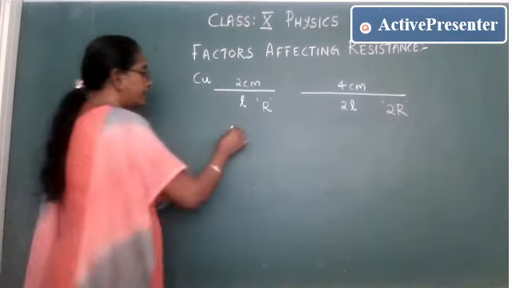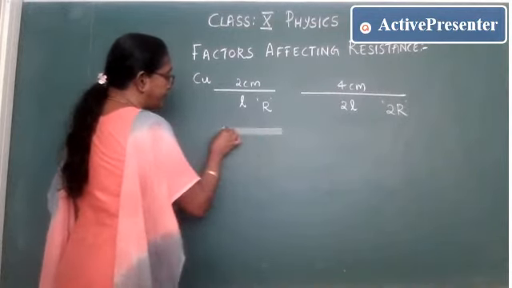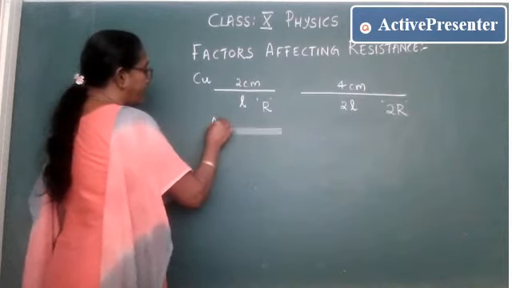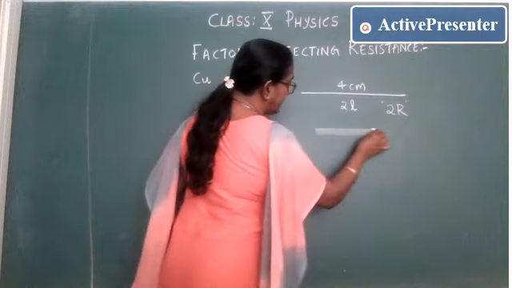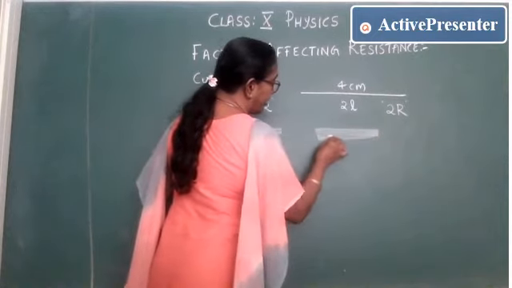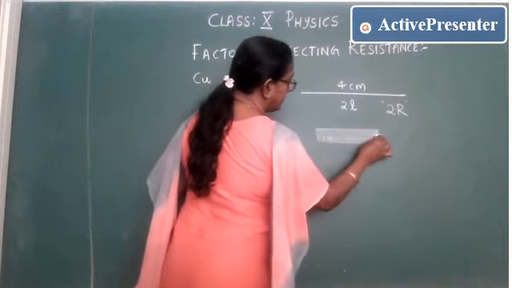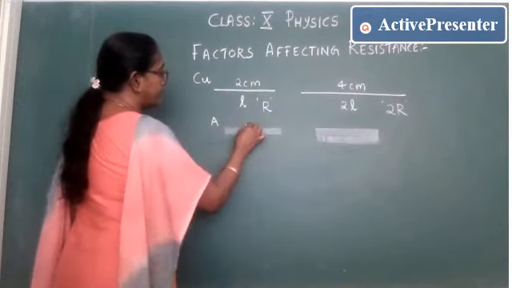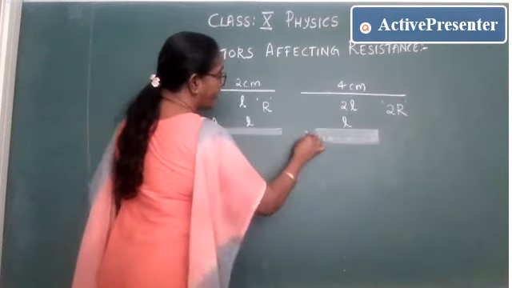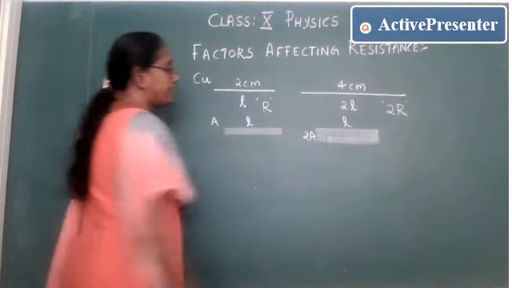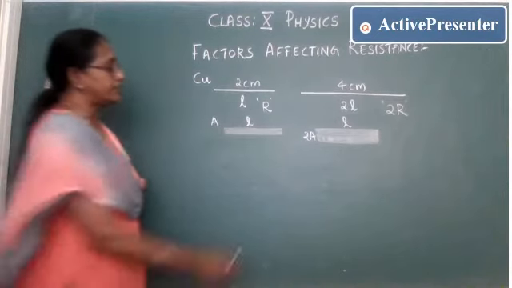Now take the same length of copper wire, keeping the length the same, but the area of cross section A will be doubled. Both wires have length L, but the area of cross section is doubled. So what are the conditions?